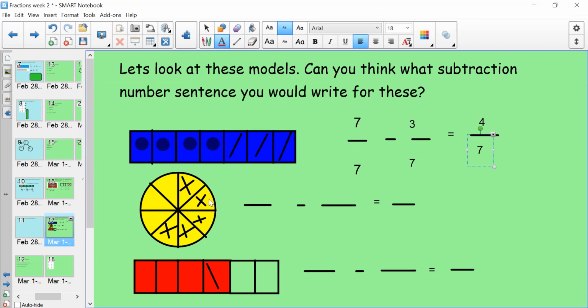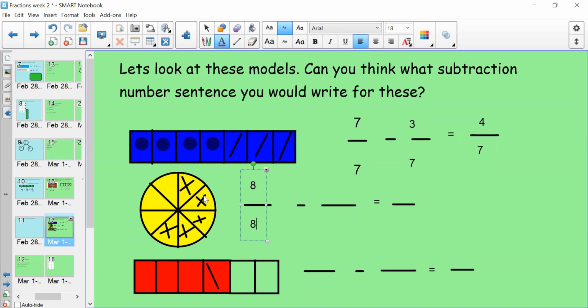Okay, then if we look at this one as well, we can see that we've also got a whole circle. We've got a whole number. And our circle has been split into 8. So we've got 1, 2, 3, 4, 5, 6, 7, 8. So I'm going to write 8/8 because that is my whole fraction. And then what has been taken away?